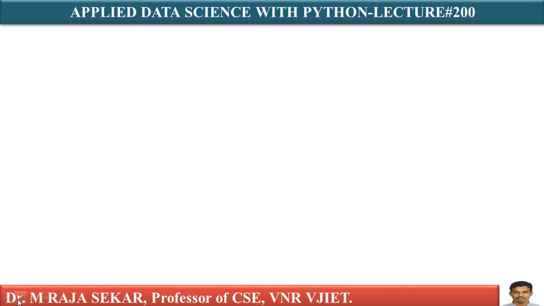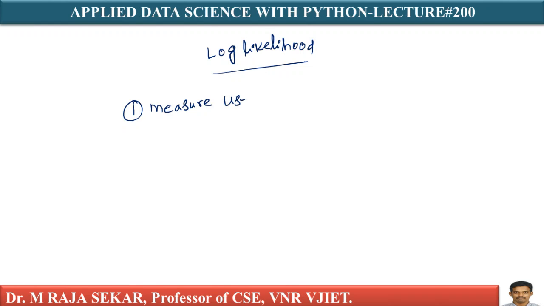What is this log likelihood? I already discussed log likelihood in my previous lectures, but anyway, let me repeat this concept. Log likelihood is a measure used in logistic regression. Let me write point-wise.